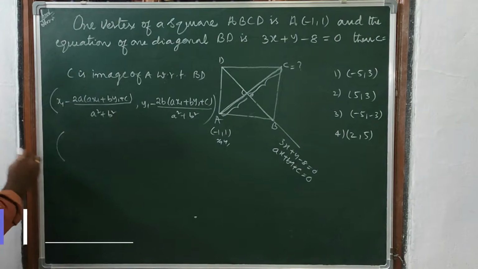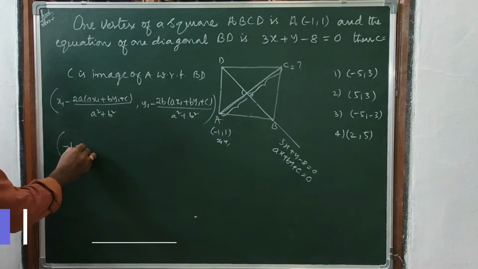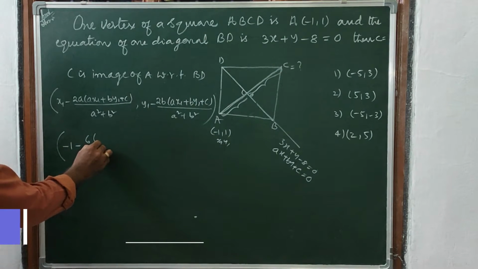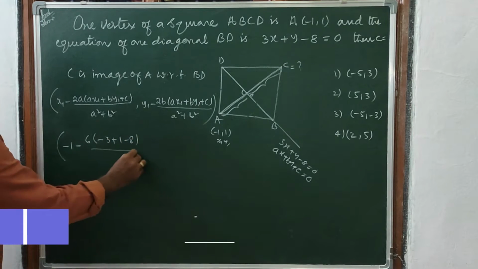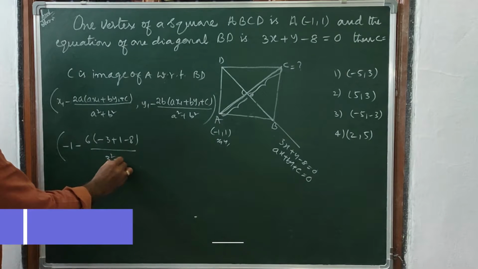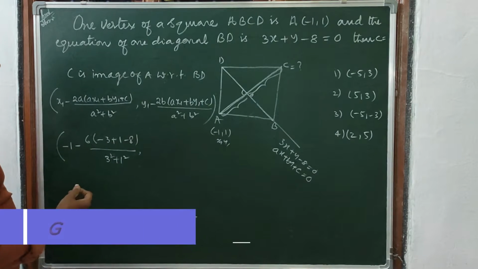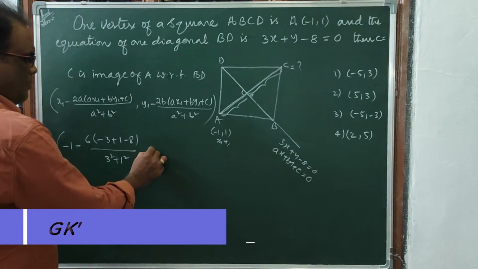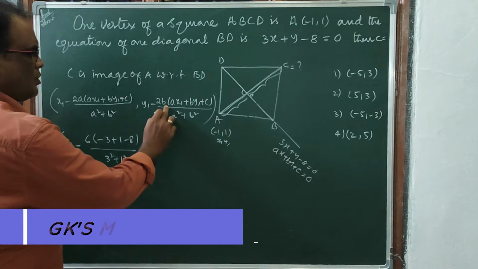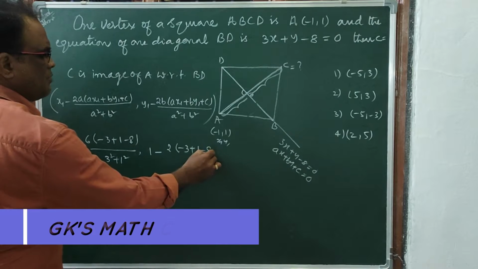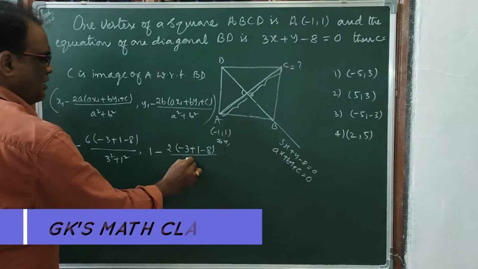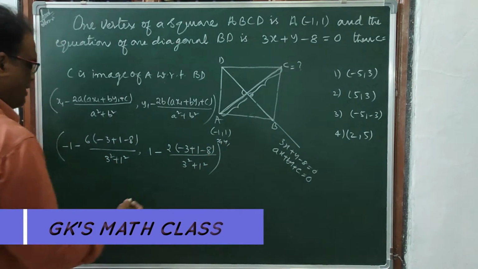Now we substitute: minus 1 minus 2a into minus 3 plus 1 minus 8 by 3 square plus 1 square, and 1 minus 2b, that is 2, into minus 3 plus 1 minus 8 by 3 square plus 1 square.